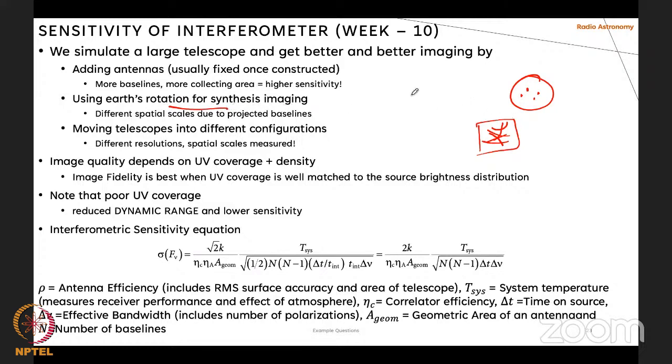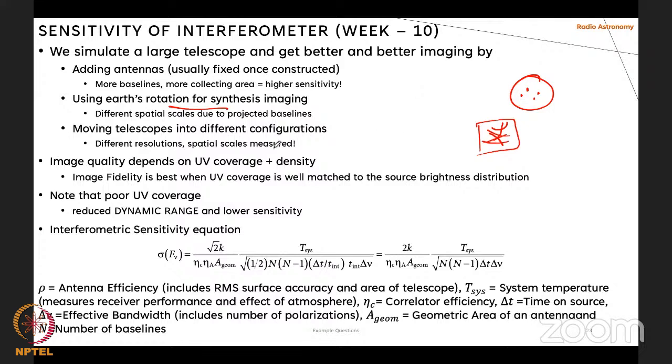So this is what synthesis imaging means. You have a set of baselines, and due to the rotation of the Earth, you exploit that and take different samples in the sky and make an image.